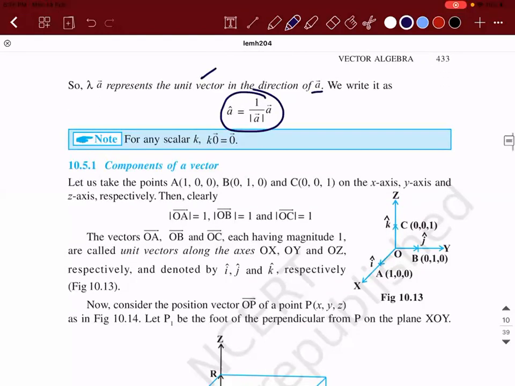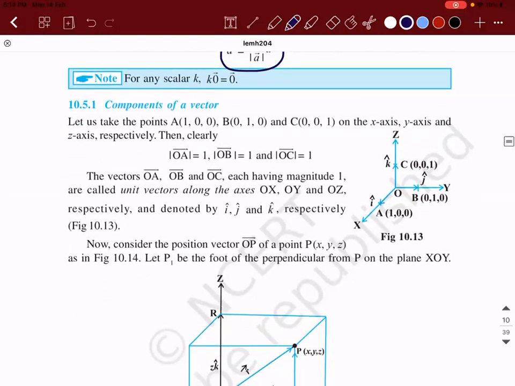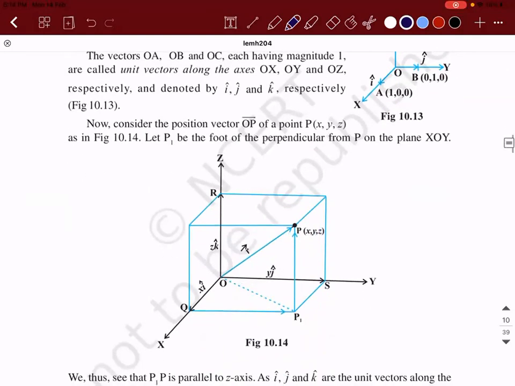Okay, the next topic is called components of a vector, or generally rectangular components also. Components means, if I take any vector in the space, for example a vector plus b vector, then I can drop a perpendicular here.